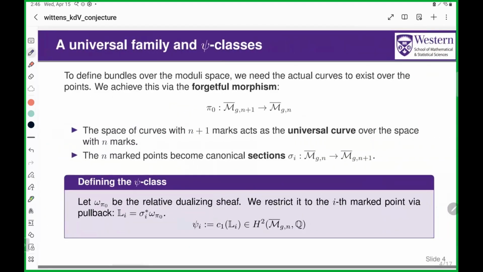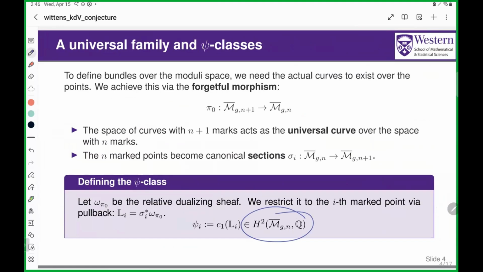Now, what we're going to do is get these cohomology classes. They're going to be elements of the second cohomology. We're going to define these cohomology classes as Chern classes of line bundles, and these line bundles are going to be linked to each of your marked points. So we have n marked points, and so you're going to get n many line bundles.